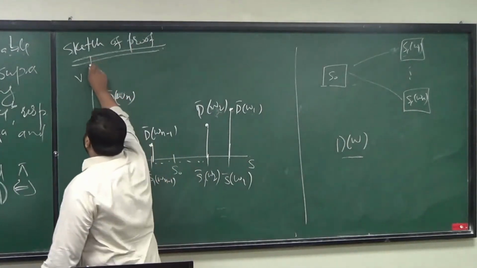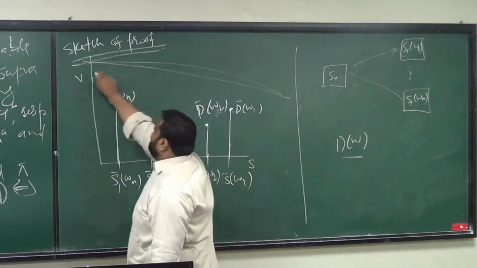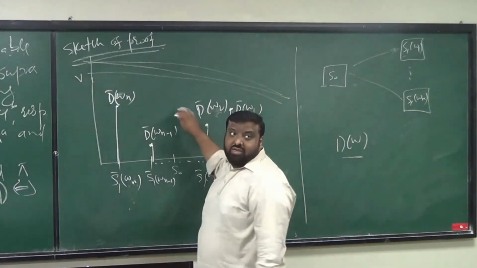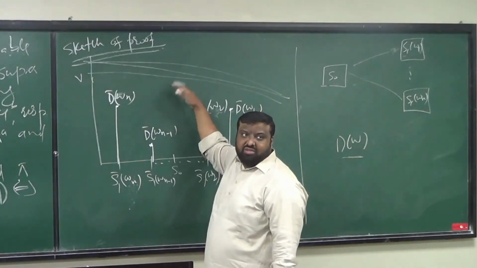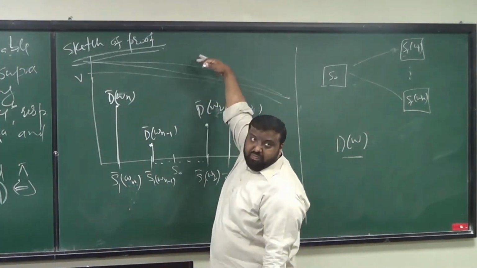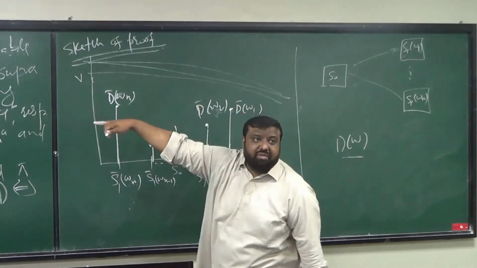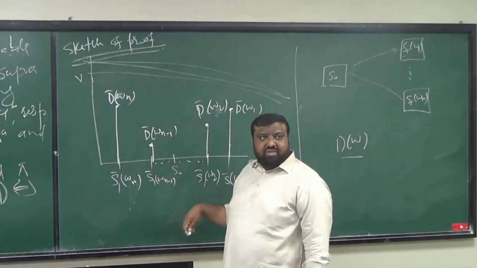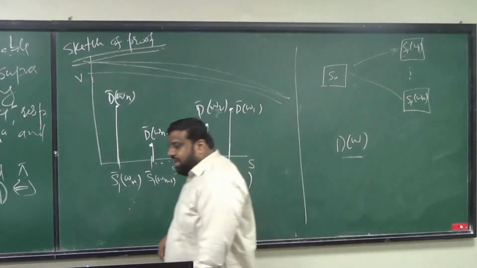So I can have many things above all these points. These are the lines which are above all these points. But we want to bring this line down as much as possible. That's what the infimum is doing. The question is how to bring it down.